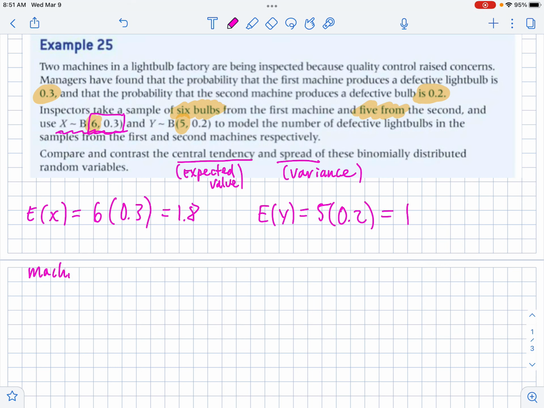So machine X has almost twice the expected value. So on average, remember expected value is basically an average, machine X is producing light bulbs that fail almost twice the time.